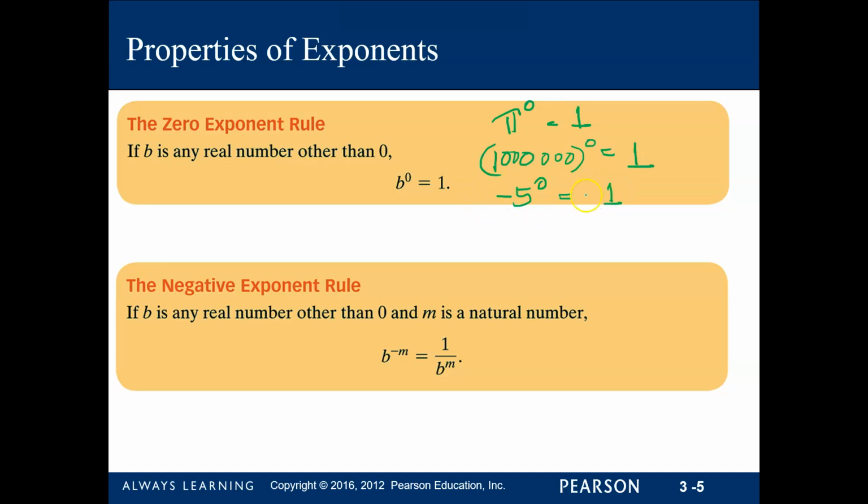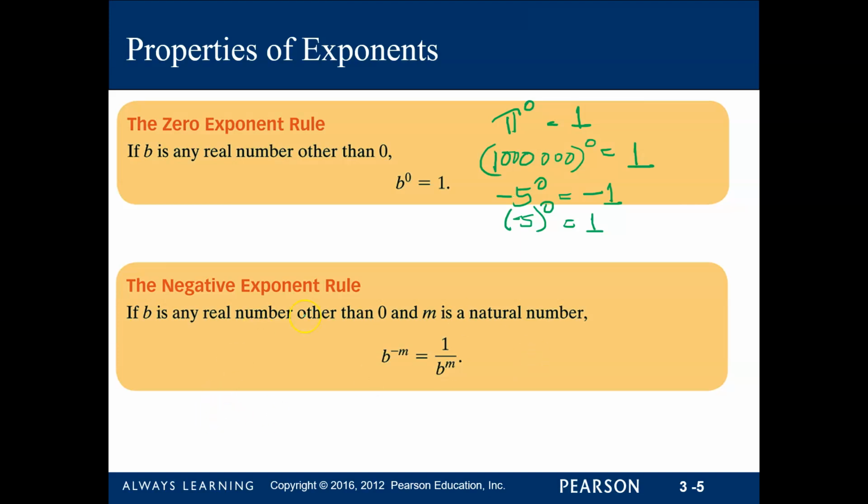And this negative here is going to be like that. Okay? Remember, this is different if you have the quantity negative 5 raised to the 0, this is going to be positive 1. But this one, as you can see, the 0 exponent only belongs to the number 5, not to negative 5. All right.